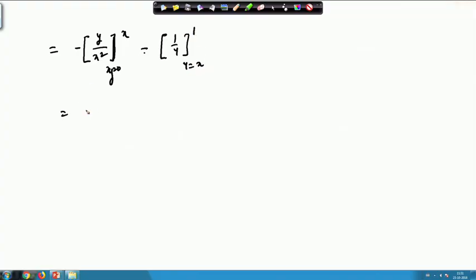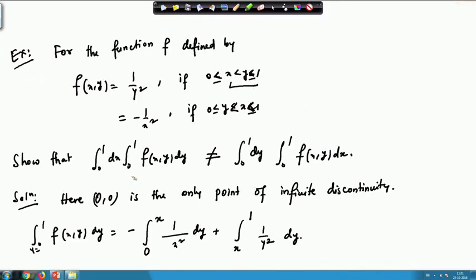If I substitute the values, this will be minus 1 by x, minus minus plus, and then minus 1. So ultimately the value is minus 1.